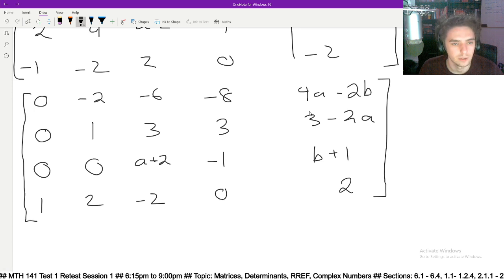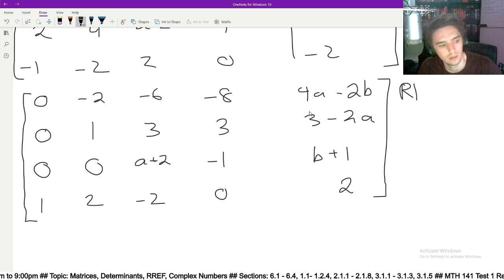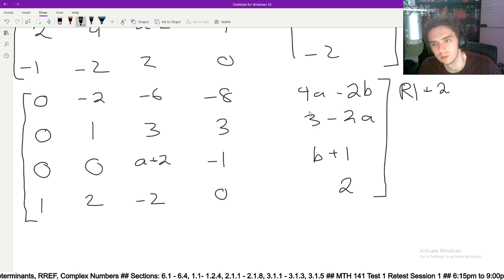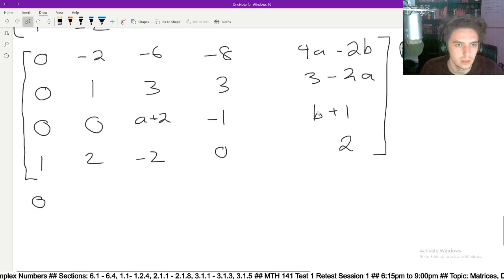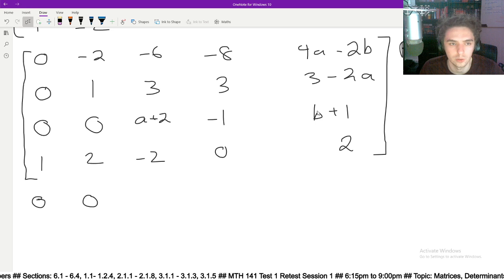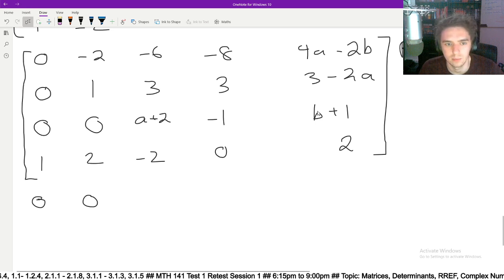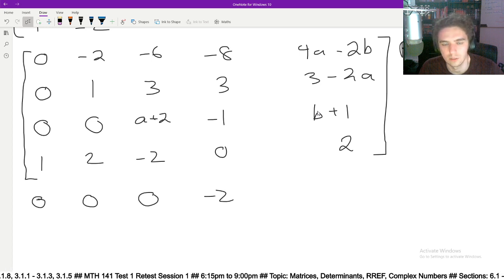Now I'll do row 1: row 1 plus 2 row 2. The top row becomes 0, 0, negative 2 plus 2, negative 6 plus 6 is 0, negative 8 plus 6 is negative 2.